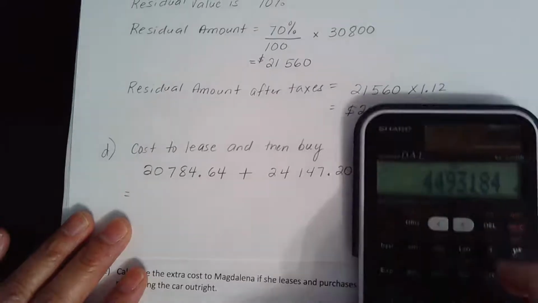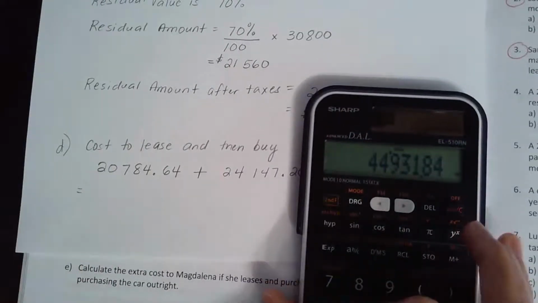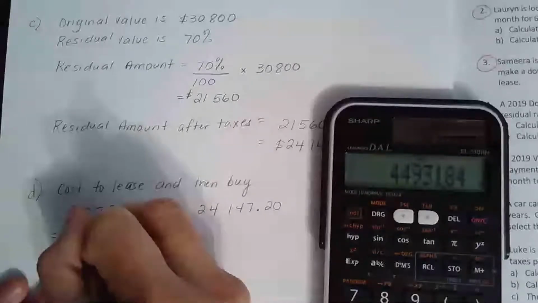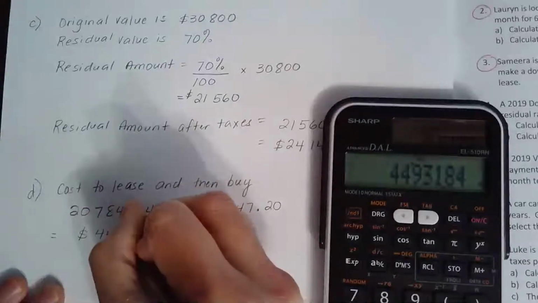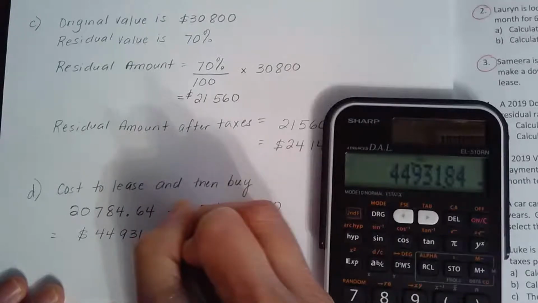Okay, so the total that I got, the sum of lease and then buy, is $44,931.84.